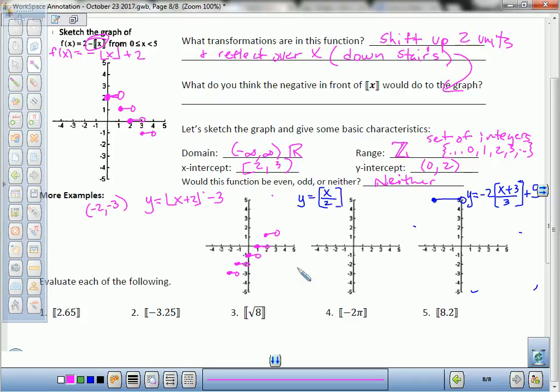Alright, the really cool thing about step functions, which we can't do with most functions, is we could actually write different equations to represent the same graph. Like, what if I said this were our first step? It would look like this.